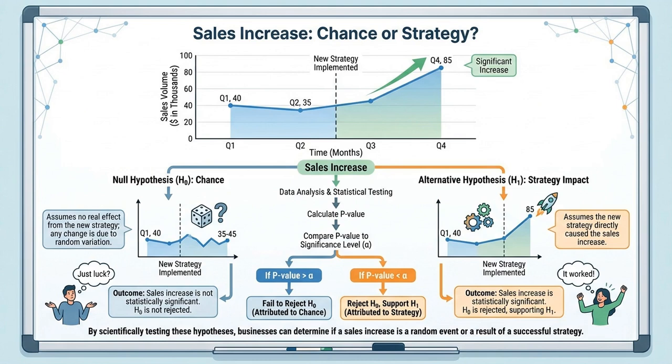Here, mean A minus mean B represents the difference between this year's December sales and the average December sales over the past 10 years. If H0, the null hypothesis, is true, the $10,000 increase is just due to random chance. If H alternative is true, Amy's new sales strategy likely had a positive impact.